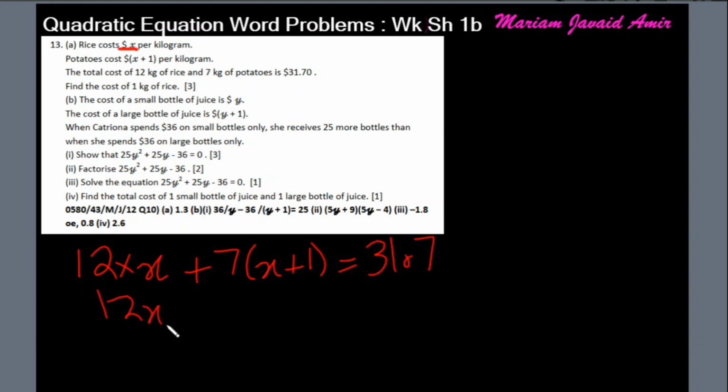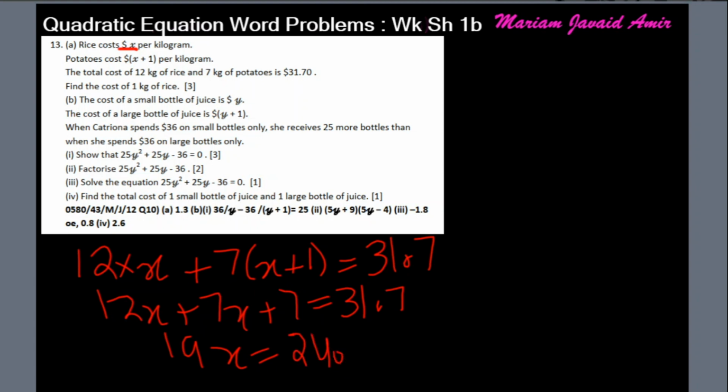Open and solve. 12x plus 7x plus 7 equals 31.7. We get 19x equals 31.7 minus 7, 24.7 over 19, which gives us 1.3.